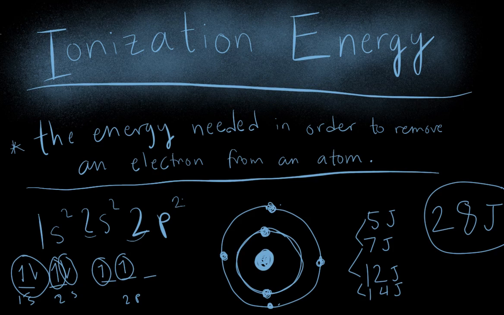That spike that we saw earlier on is because we took away a core electron. After taking away all the valence electrons, we're moving to take away from a core shell. That's going to require lots of energy. And so that's basically the general intuition of how this works, why it works.